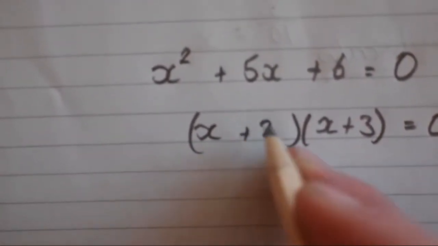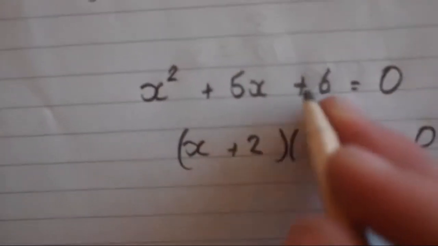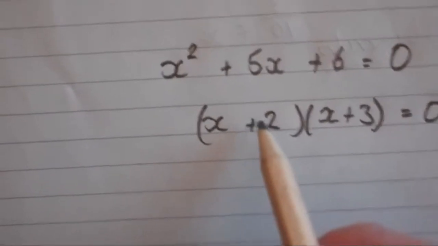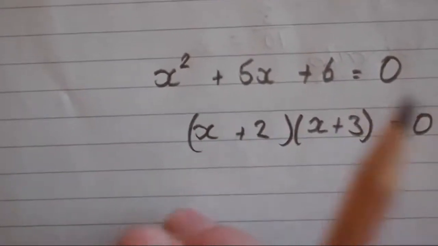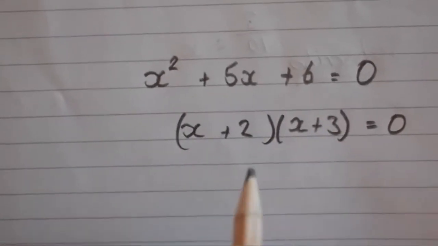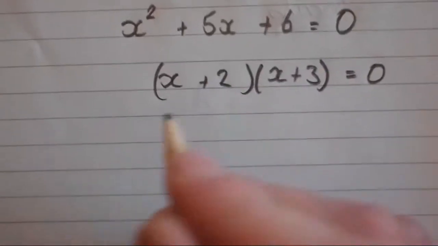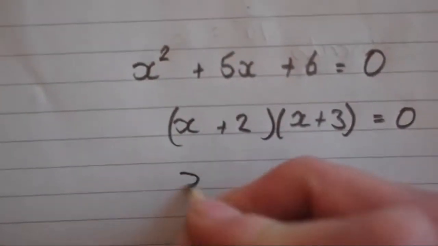Sometimes you'll get a minus number. If they multiply together to give you a negative number, one of these will have to be a minus number, because a positive times a negative will give you a negative number. So anyway, now I've factorised it, we can use this to work out what x is.